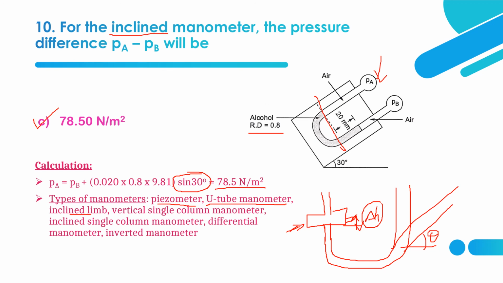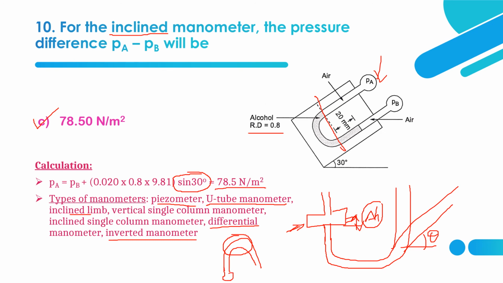And there is something called the differential manometer. In the differential manometer, this is nothing big, because we have to find the pressure difference between two pipes. That's why the differential manometer is used. And in the same way, the inverted manometer. In an inverted manometer, the specific gravity of the manometric fluid shall be less than the flowing fluid.